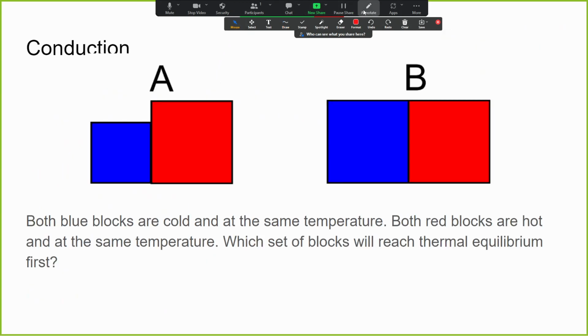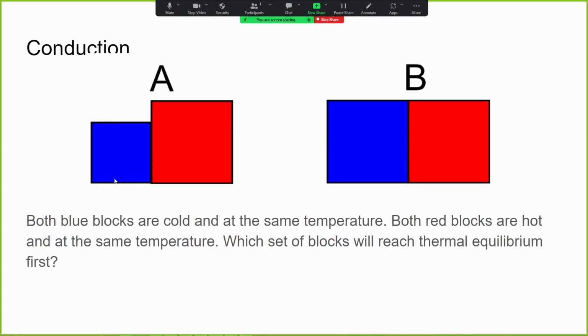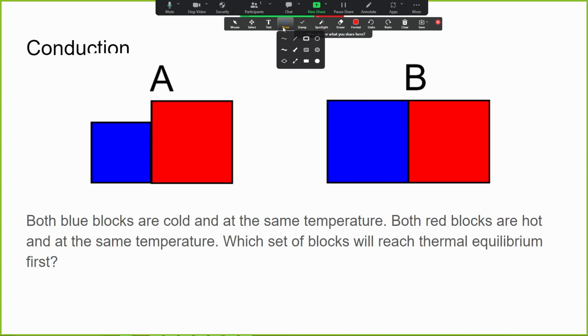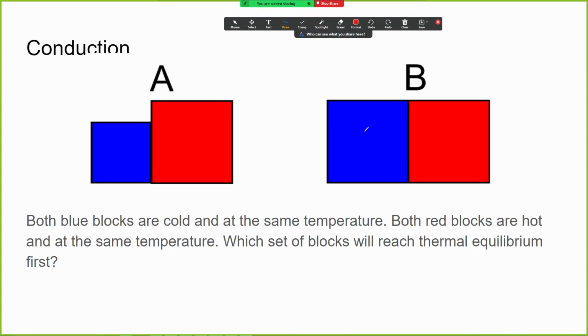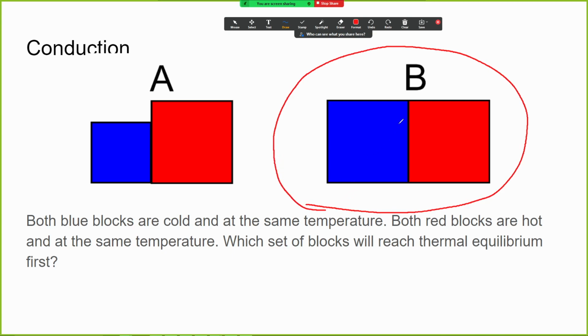If I continue to think about conduction, I could say both blue blocks are cold and at the same temperature, and both red blocks are hot and also at the same temperature. My question is, which set of blocks is going to reach thermal equilibrium first? Hopefully you can look at this relatively quickly and say B is going to reach thermal equilibrium first, because there is a greater cross-sectional area for collisions to occur.